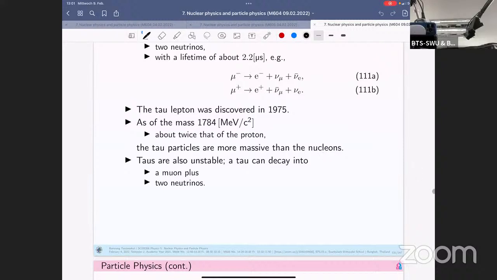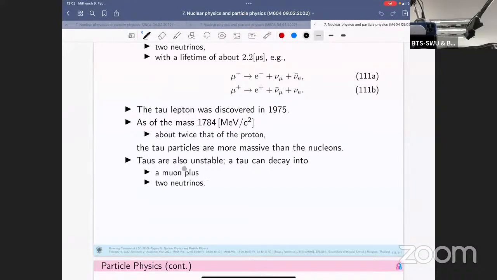So we don't say that it is a hadron, because we consider the strong interaction as the main classification to differentiate whether a particle is a hadron or a lepton. Even though tau is very big, more massive than the nucleon, we don't say that tau is a hadron.